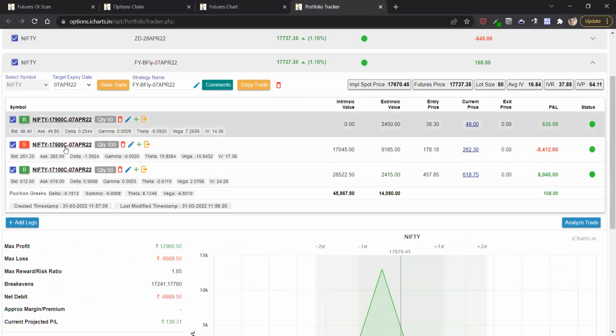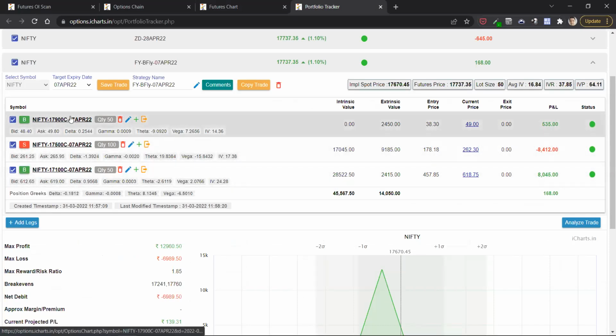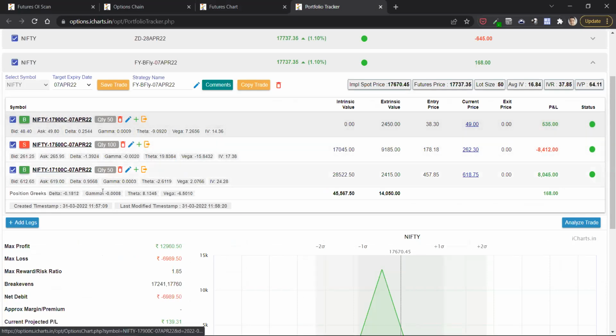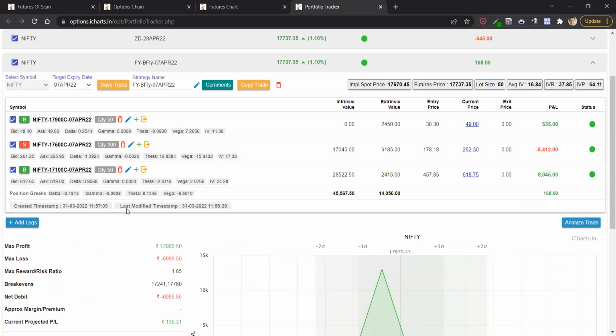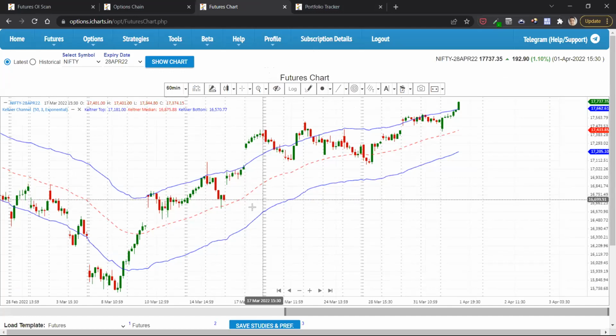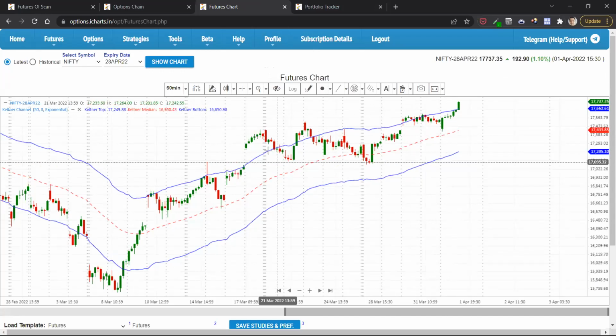I would add this credit spread instead of the debit spread. If I had already added this, I would remove it and add the credit spread: sell this, buy that, and tilt to negative and ride the negative trend. Just one spread. I tilt the delta either positive or negative and ride the trend. This is one way you can do it.